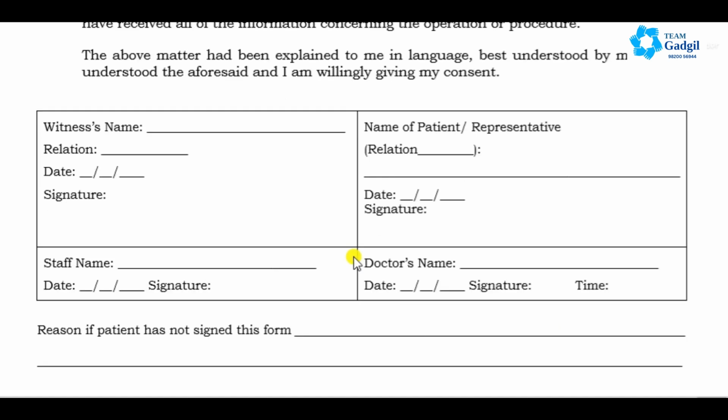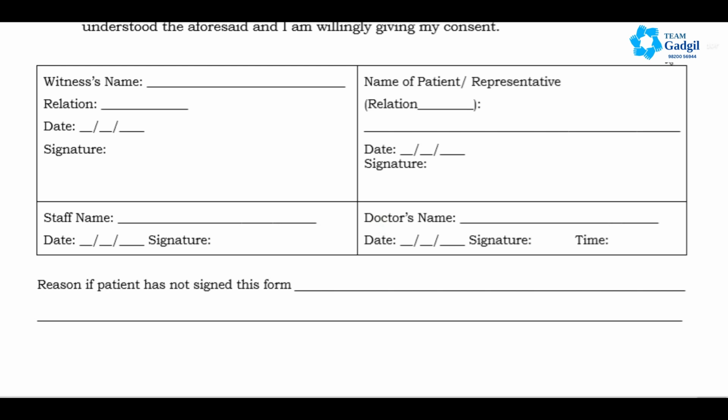Many times we observe that doctors never sign a consent form. A consent is given by a patient to the doctor for a specific surgery or specific purpose, and the doctor has to accept the consent by signing it, and hence it is very important to obtain the doctor's signature.